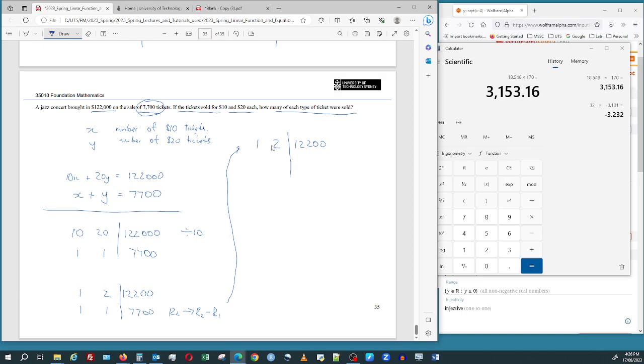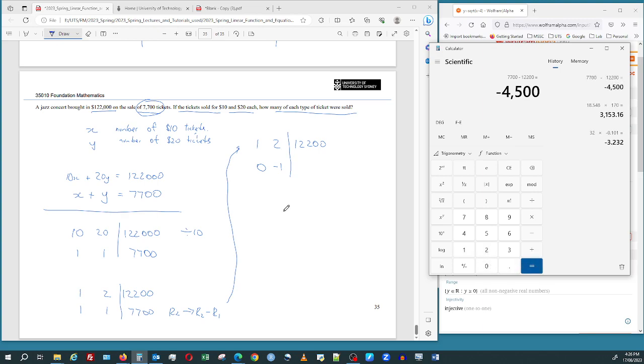Okay, so 1 take away 1 is 0. 1 take away 2 is minus 1. And 7,700 minus 12,200 is minus 4,500.